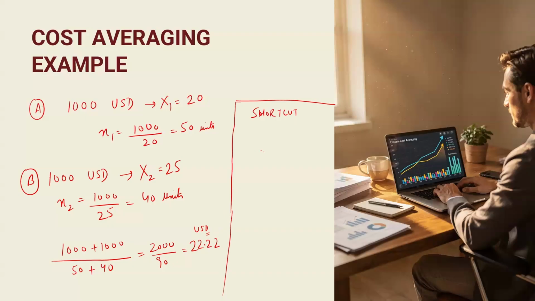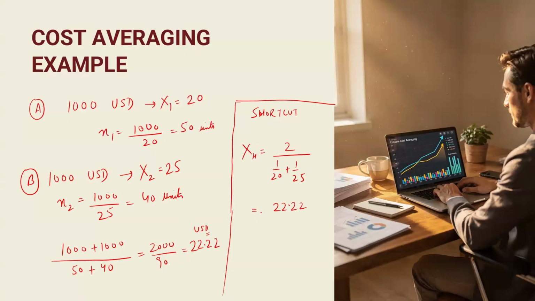So we can directly write XH as equal to 2 divided by 1 over 20 plus 1 over 25. You can check this, this will also give you the same result, which is 22.22.